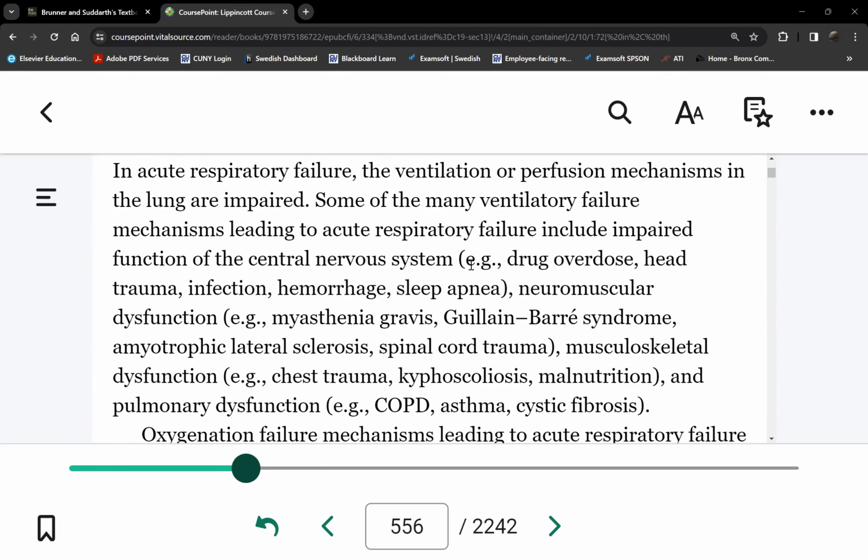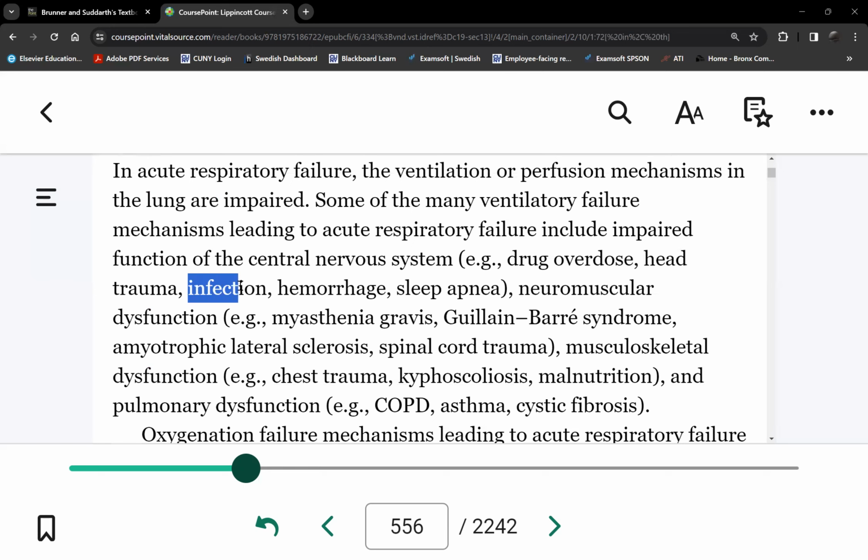Example, you overdose on opioids or whatever you OD'd on. Respiratory rate drops. Will it cause those changes in the ABG, those numbers? Yes. You have head trauma. What happens to your respiratory rate when you have head trauma? It drops, right? Okay.